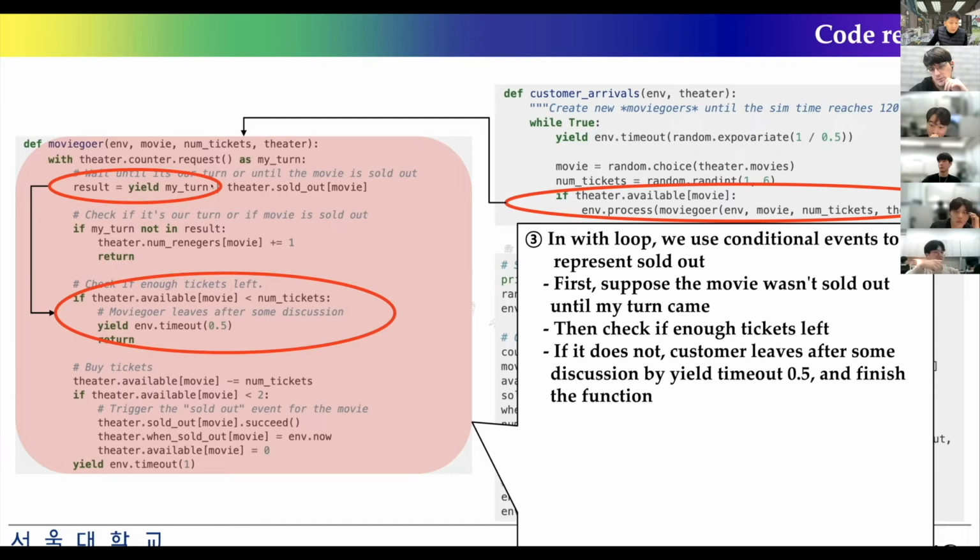By yielding this my turn event, this line goes to here.